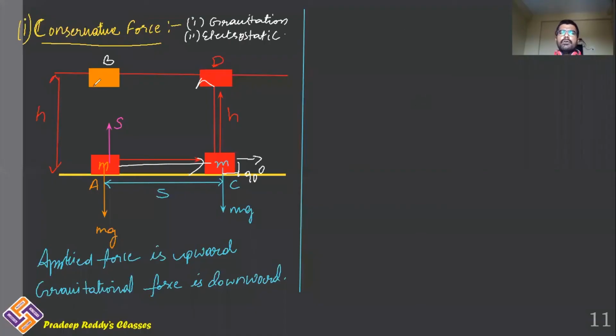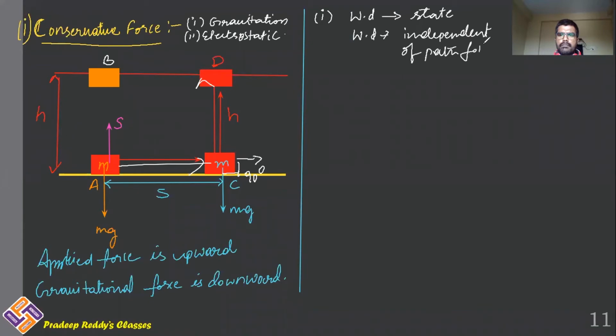So the first point we have discussed in conservative forces, number one, work done only depends upon the state of the object, the initial and final state of the object. Work done is independent of the path followed. That is point number two.